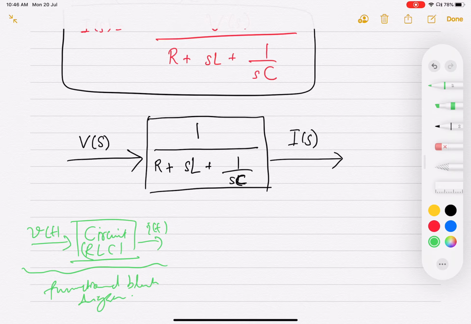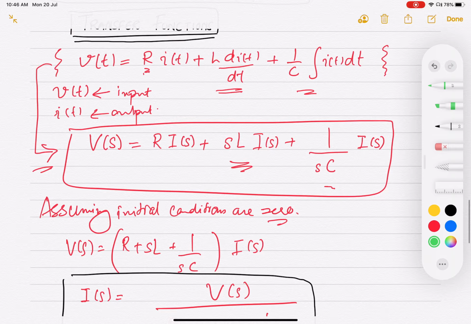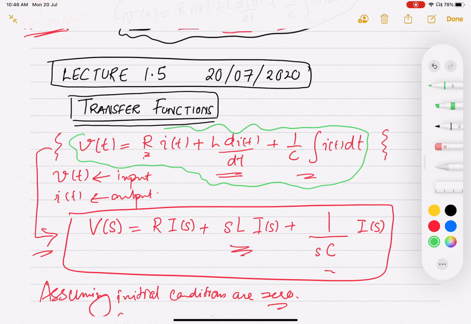And then came the third phase, which is the modeling phase. In the modeling phase, what did we do? We wrote down the basic equations from the governing physics, from first principles. The first principles give us this basic differential equation, which governs the mathematics of the physics of the circuit.